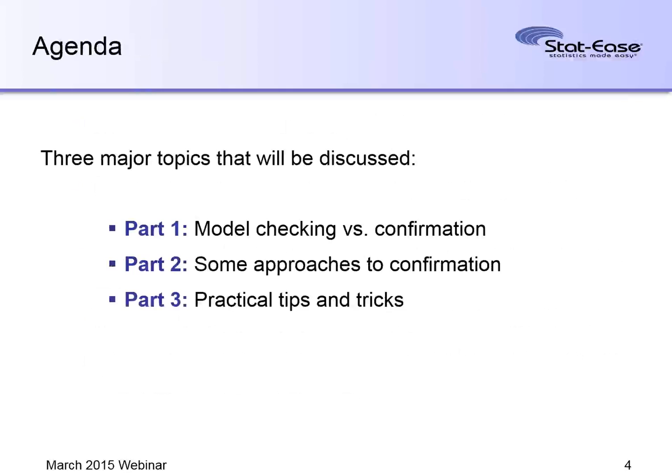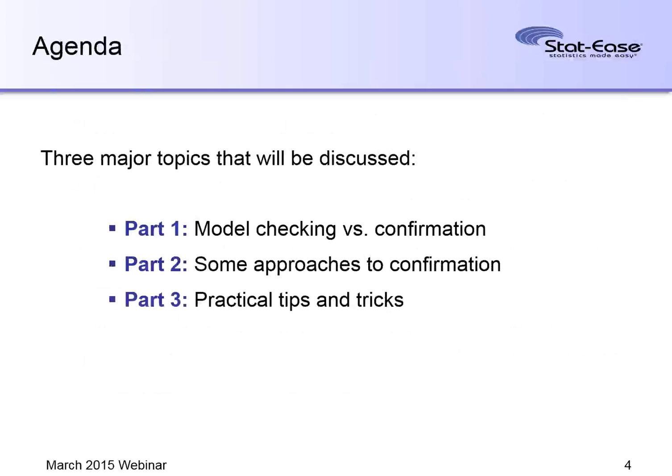We'll also define what is model confirmation, how is it different than model checking, and why the difference is important. In part 2 of the talk, we'll go ahead and give you some approaches that you can use if you ever do decide to use model confirmation in your future work.